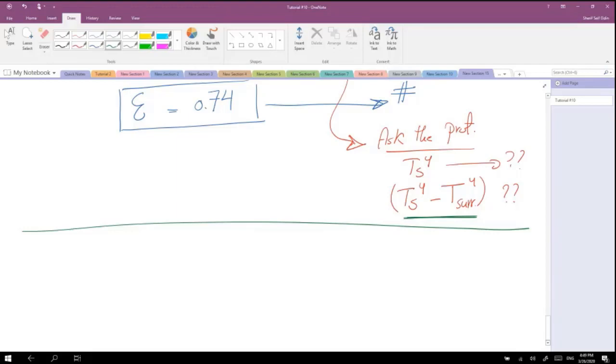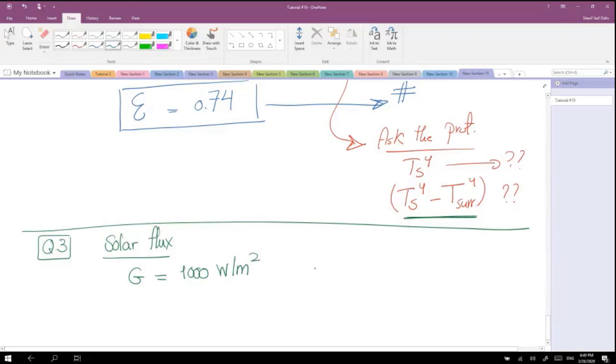So question number 3, which is the last question, I will try to do in the last 10 minutes. Question number 3 is when we have a solar flux. Solar flux is the incident radiation, G, given at 1000 watt per meter square, which is a flux as well.